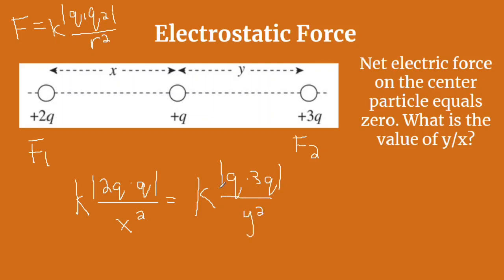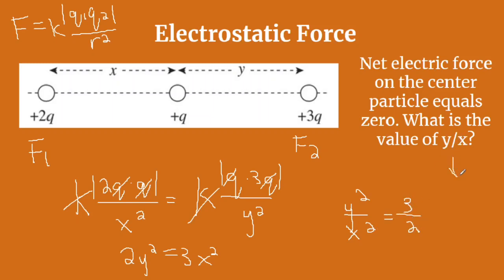After some quick algebraic manipulation, we can see that a lot of these values actually just cancel out pretty easily, and we're left with, after cross multiplying, 2y squared equals 3x squared. And we're looking for this ratio, so then we can find that y squared over x squared equals 3 over 2. So y over x equals radical 3 over 2.